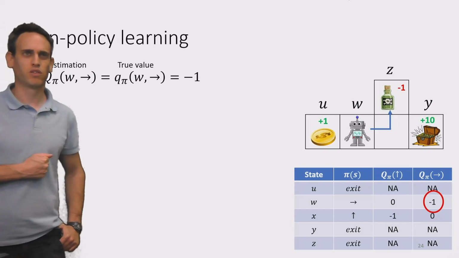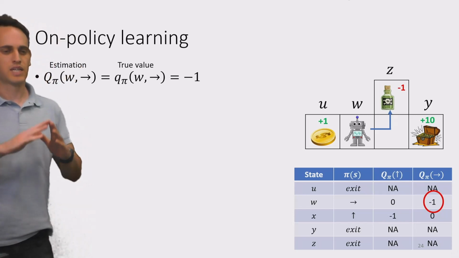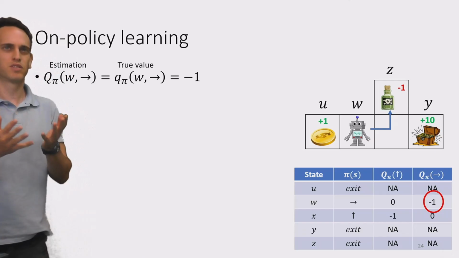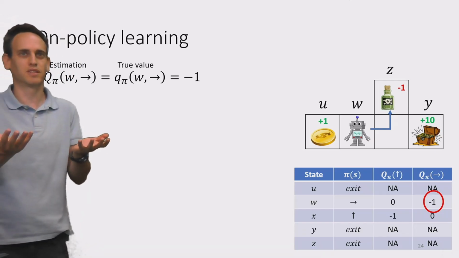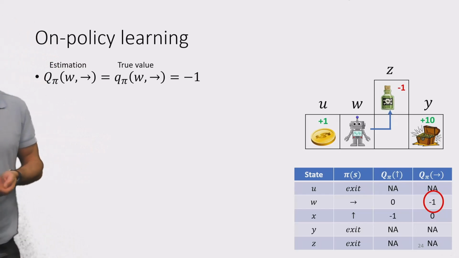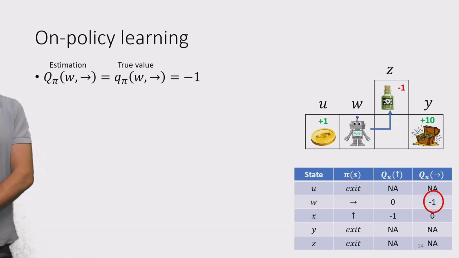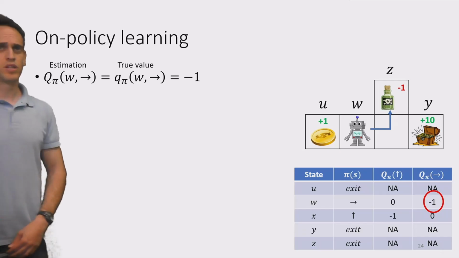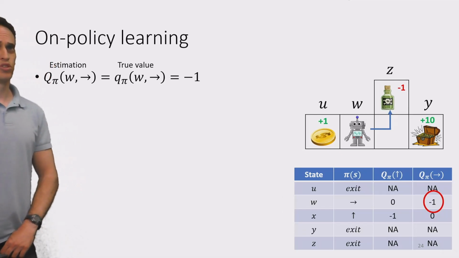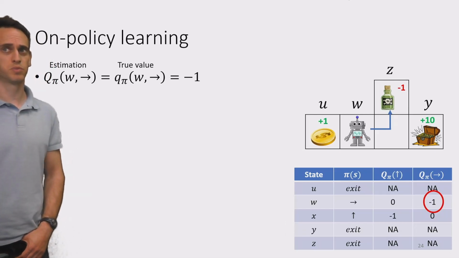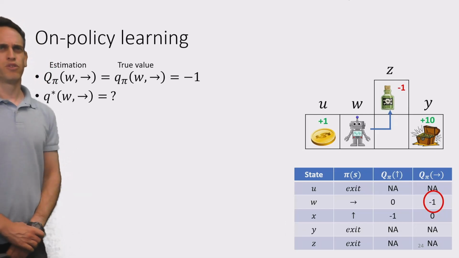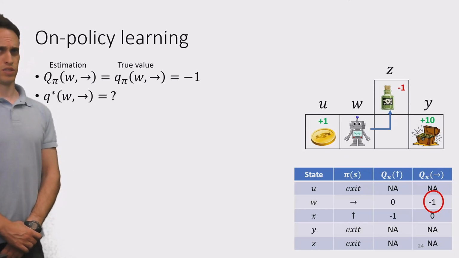I'll just remind you that the true Q value is the expected return, but if there's no noise in the environment, it is the same as a single run. So Monte Carlo is very effective in learning these Q pi values, the Q values for a specific policy. However, this is different than Q star.